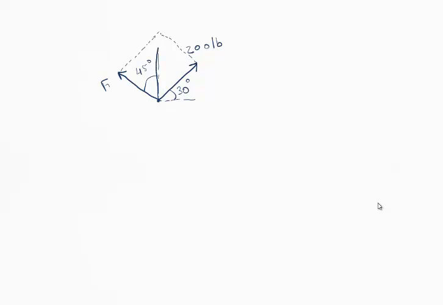So this is going to be our resultant force Fr. So now let's say we're given that F equals 150 pounds. What is Fr? Well, it's very simple. We can just use the Pythagorean theorem. So Fr is going to equal the square root of 200 squared plus 150 squared.